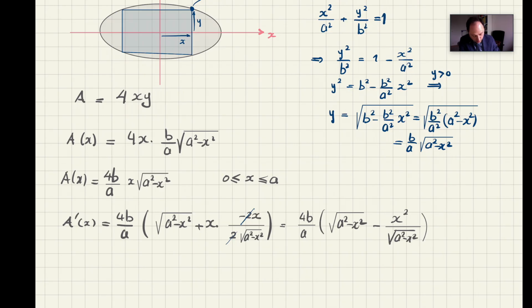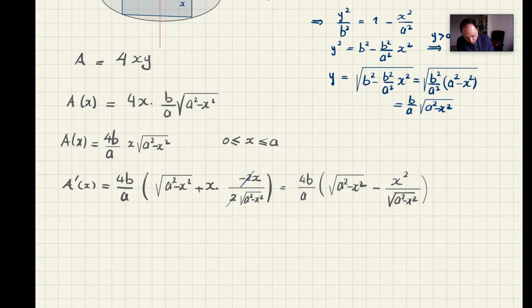Okay, so this is my derivative. So you know that for finding maximum, you need to put the derivative equal to 0. So when I put the derivative equal to 0, this cannot be equal to 0, so this means this is equal to 0. When this is equal to 0, it means that these two expressions should be equal.